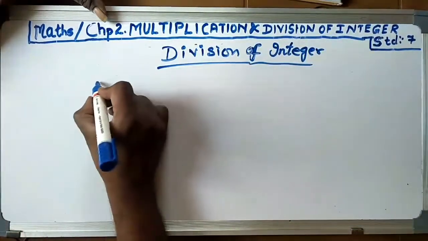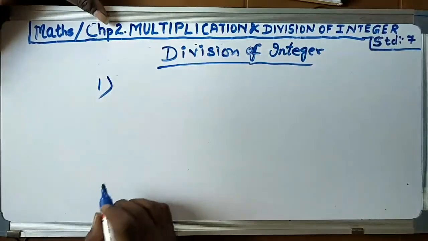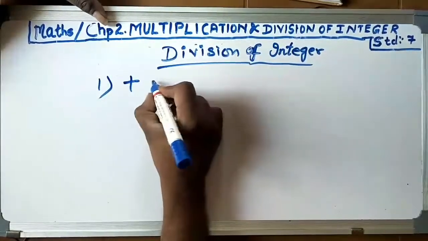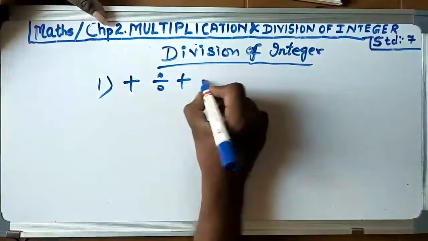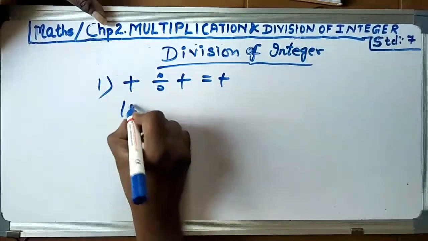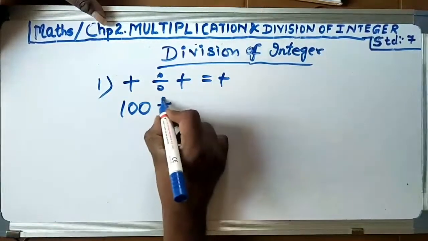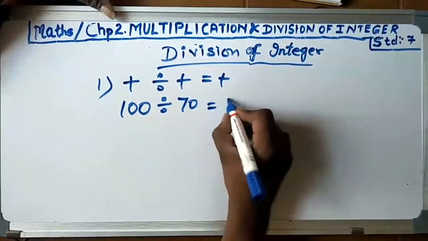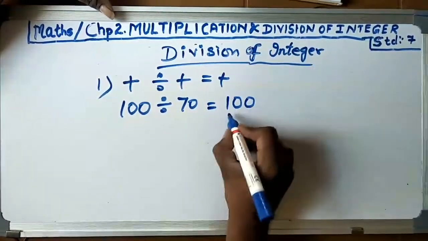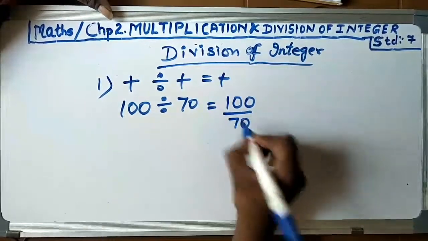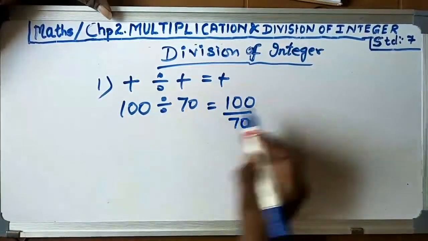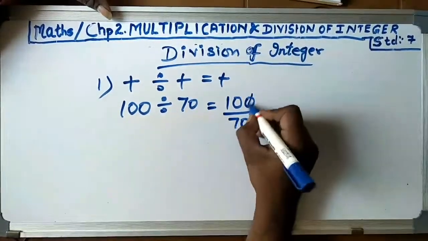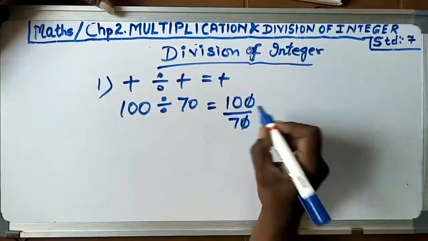So let's do the first golden rule. Plus divided by plus, that is equal to plus. Now 100 divided by 70. Now this divide sign you have to write in this way. Here 0 and 0 cancel.